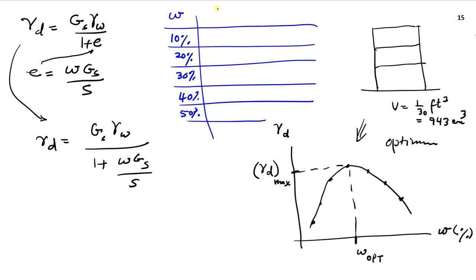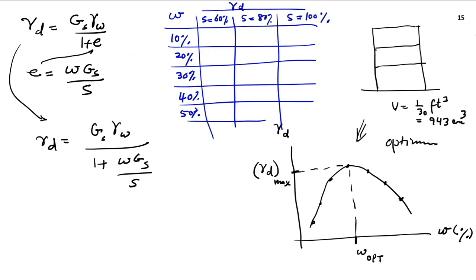And then here I'm going to write gamma d, but this gamma d is going to be different for different degrees of saturation. So suppose my degree of saturation S is 60%, and then the next is 80%, and then 100%.